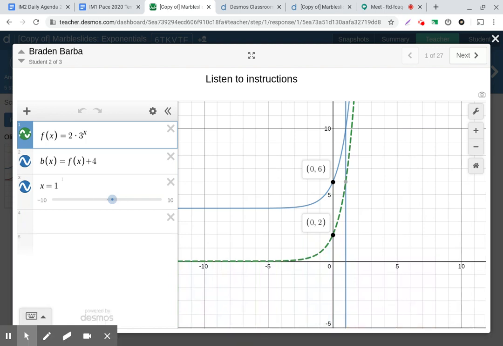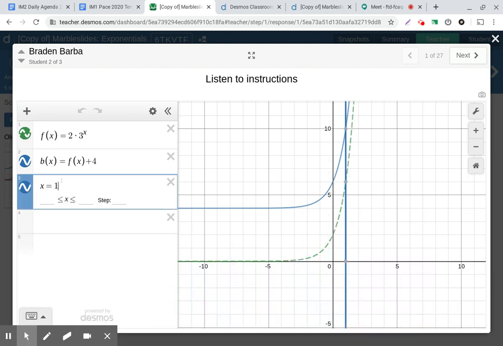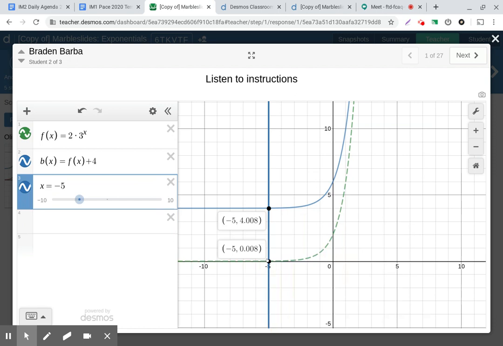Can you put x equals, I don't know, a different number, like -5? Are these 4 units different? Yeah. They are, right? So on the vertical, everything's 4. Even like if you put x equals 1, like +1.